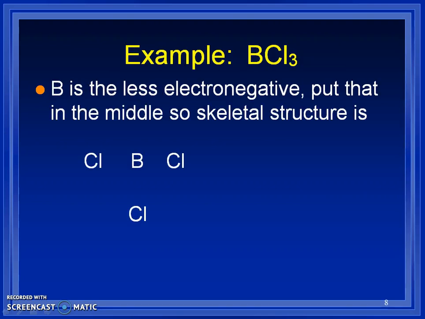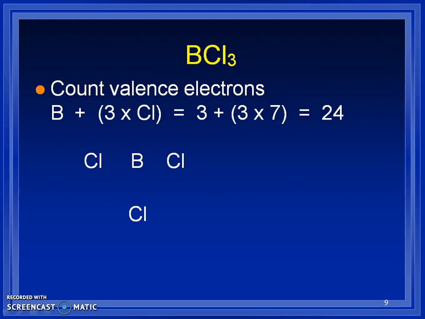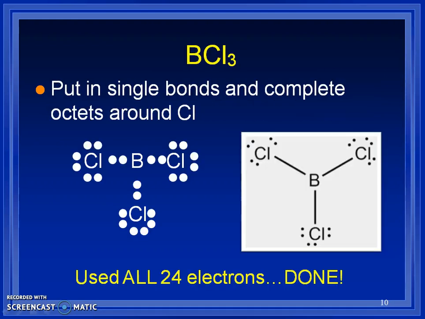So if we look at boron trichloride, we have boron in the middle because that is the least electronegative. We count up the valence electrons we have, we put all the dots around it, and voila, when we count them up, we have all 24 electrons used, and boron is happy with just those 3 bonds.